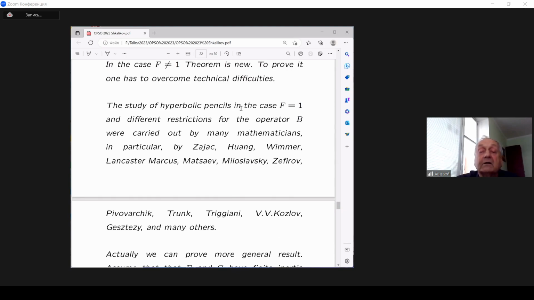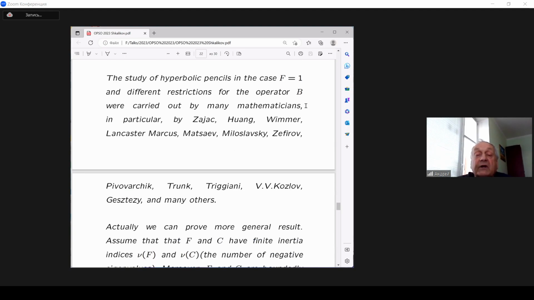Here, the theorem is new only in this. More than 15 years ago, we did work with F equals identity and different restrictions for the operator D.